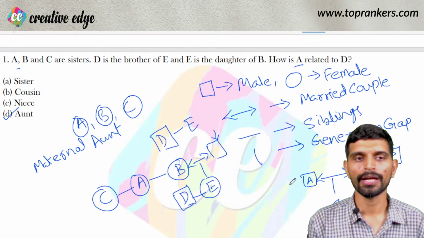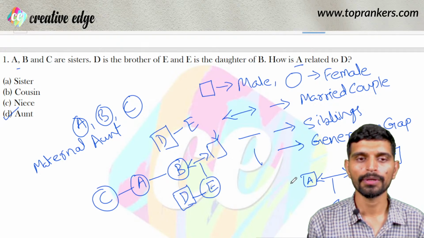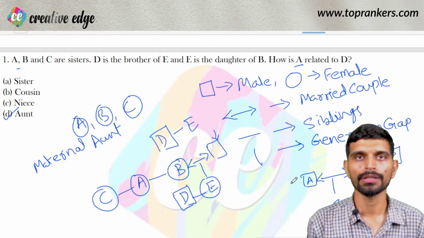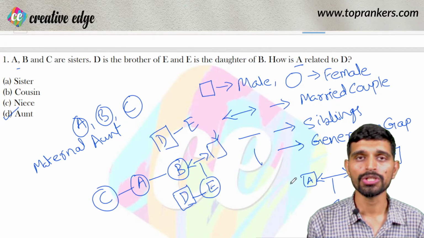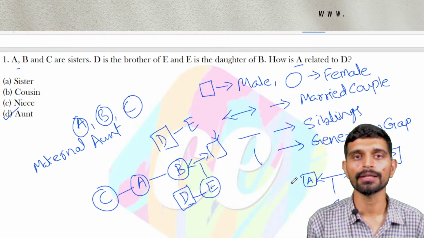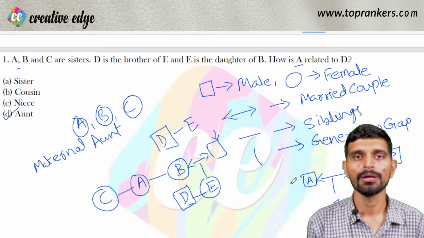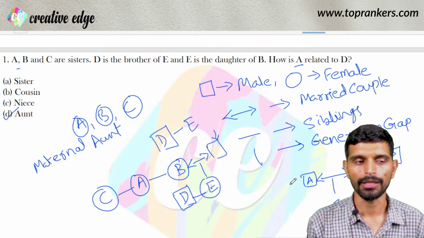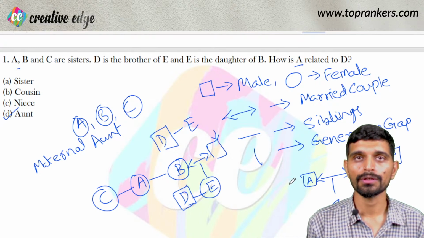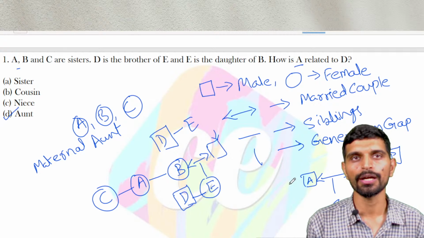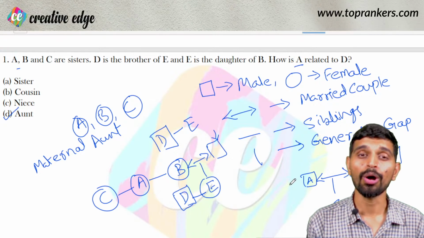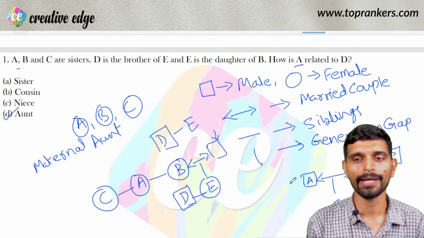The person is either mother's brother or father's brother, then the person is uncle, right? Same is true for grandfather and grandmother. The grandfather can be father's father or mother's father. But if mentioned specifically, that is maternal grandmother, it means mother's mother, right? So be careful with the terms, and if you are developing a structure with one particular approach and not getting the answer, the alternative approach should be in your mind quickly.